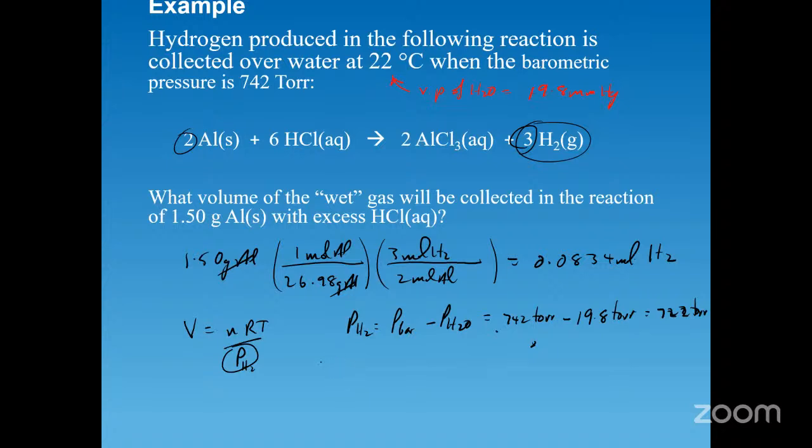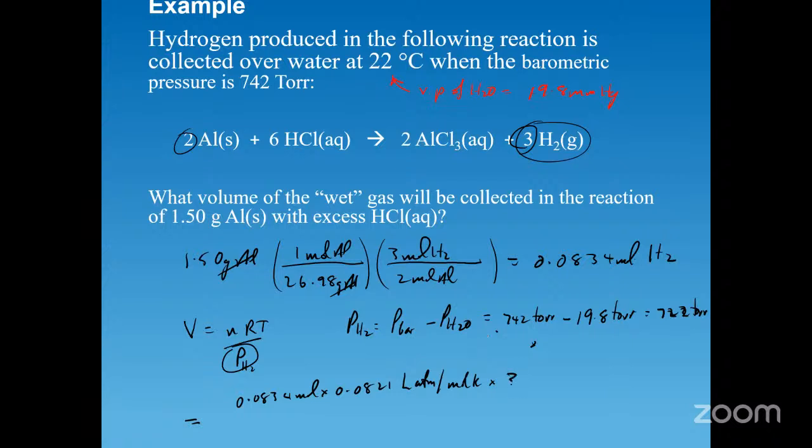So now we put all those numbers into this equation. The number of moles that we calculated here, which is 0.0834 moles, times R, which is always 0.0821 liters atmospheres over mole Kelvin, multiplied by the temperature, which is 22 degrees, which you have to convert to Kelvin. So that's 293 plus 22 gives you 315 kelvins.